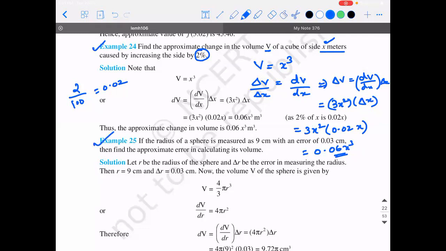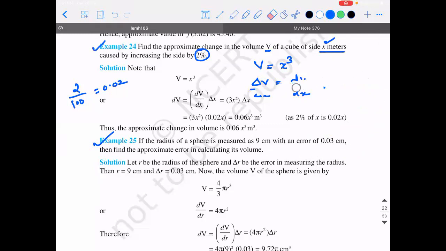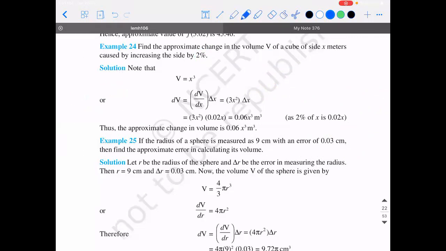25th. If the radius of a sphere is measured at 9 centimeter with an error of 0.03 centimeter, then find the approximate error in calculating its volume.